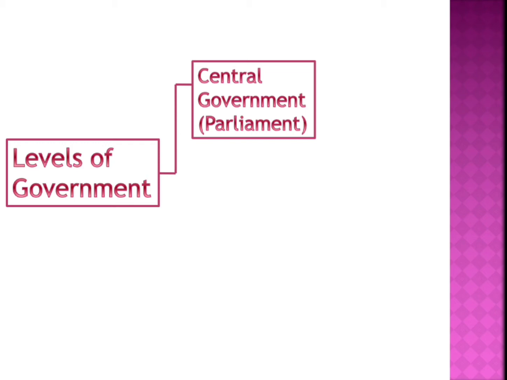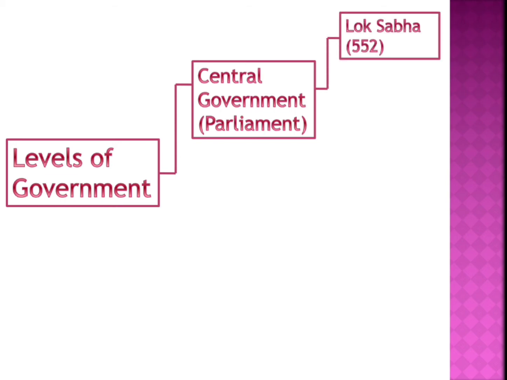And who will be the members of this? The Indian parliament has the members of the council and the prime minister, who will be the members of Lok Sabha and Rajya Sabha. That means in parliament there are two houses. Lok Sabha has 552 members in it.